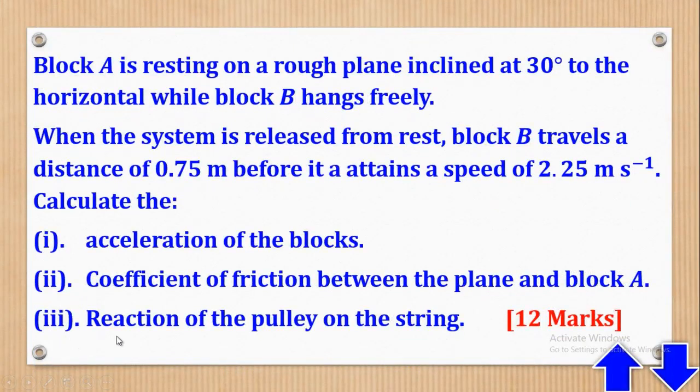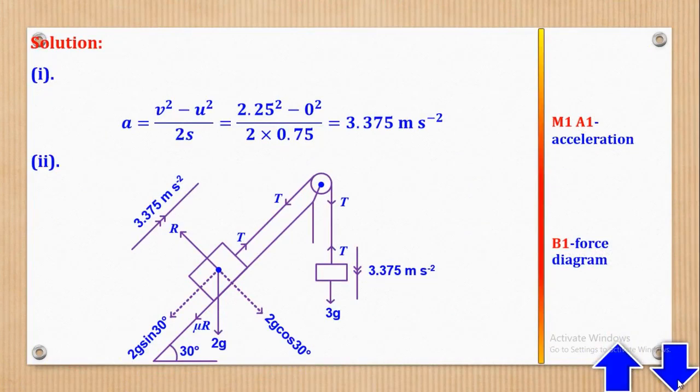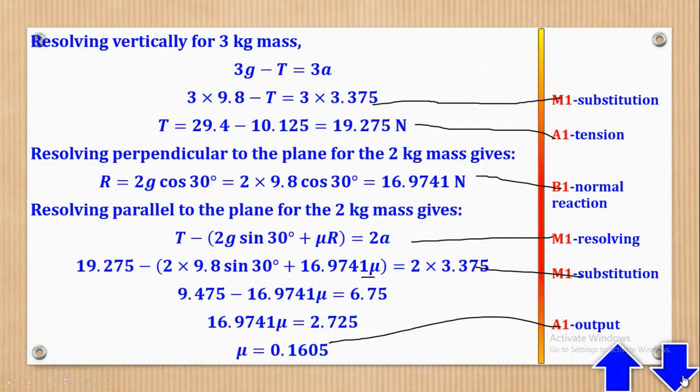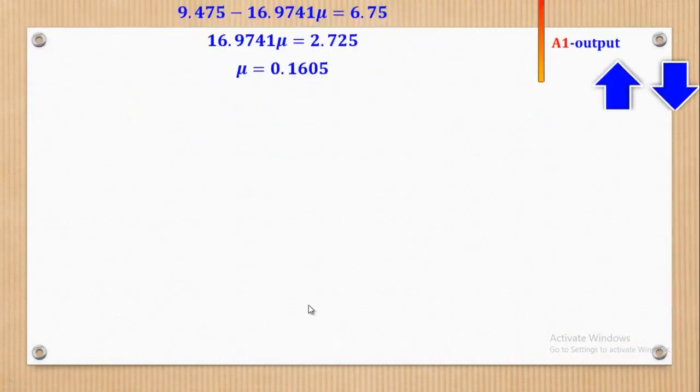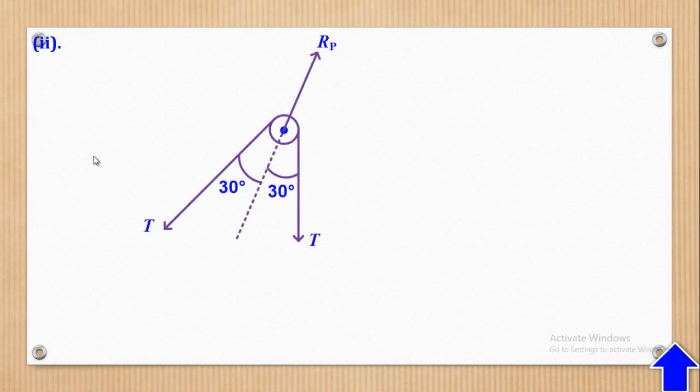Now Roman 3, they wanted the reaction of the pulley on the string. So the first thing to do is to make a sketch. We shall extract out the forces on the pulley.